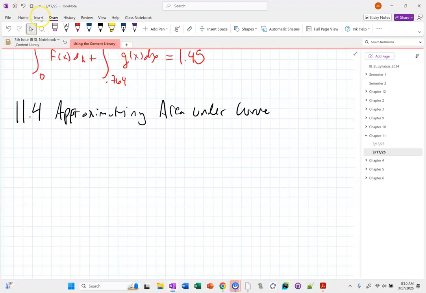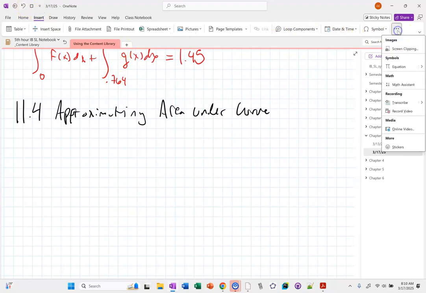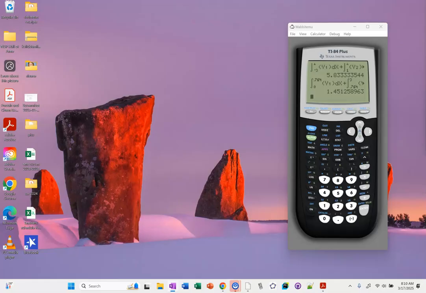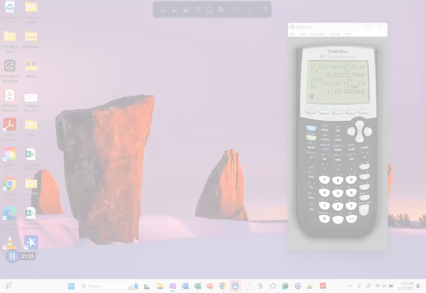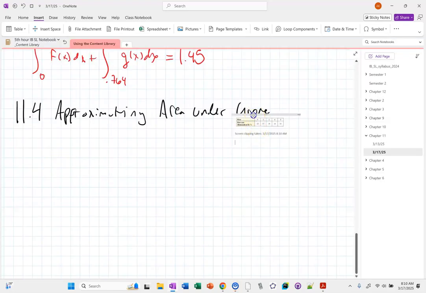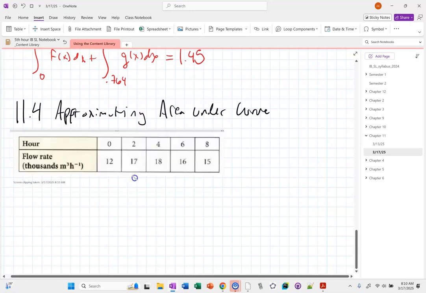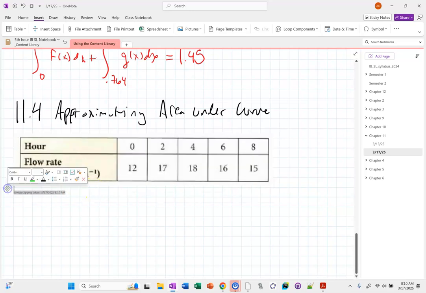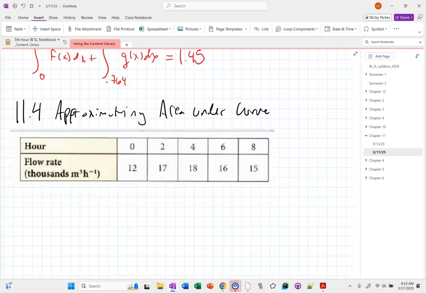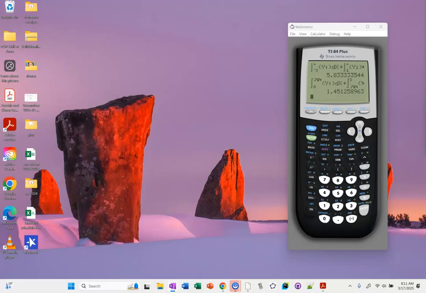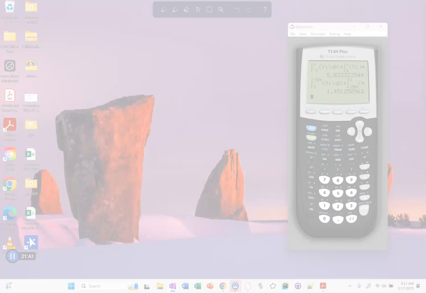So let's say that instead of having like a known function, what I have is just like a table of values. Like I was doing an experiment or something.